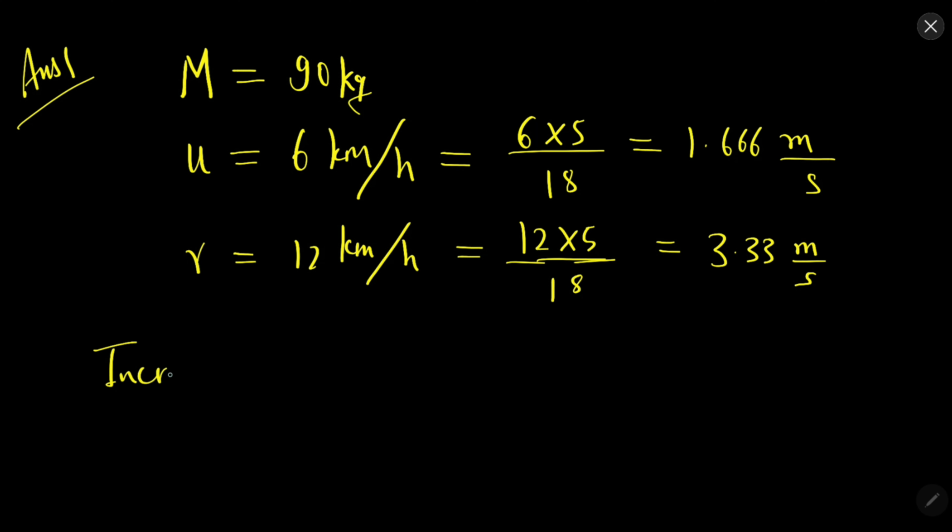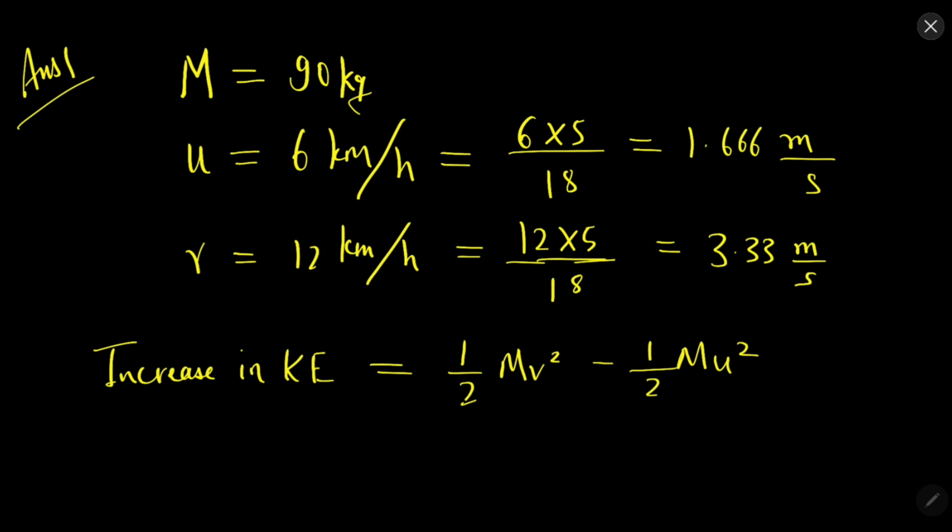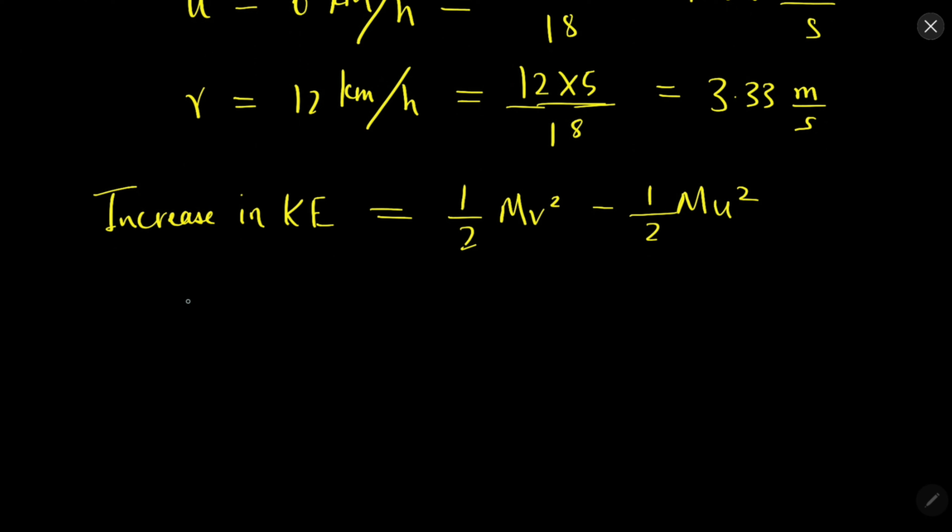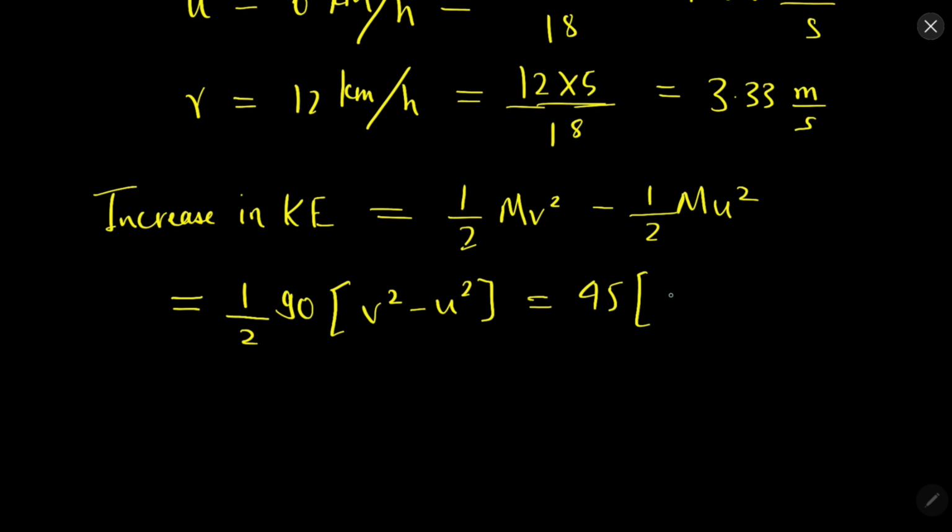Now it is quite simple. We need to find the increase in the kinetic energy, or change in the kinetic energy. So it will be final kinetic energy minus initial kinetic energy. This will tell us about the change or the increase. So half into 90, let's take half m common, so we will have v square minus u square. So 45 into 3.33 square minus 1.66 square.